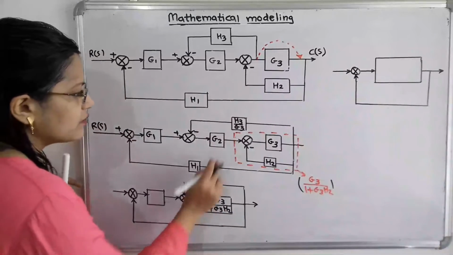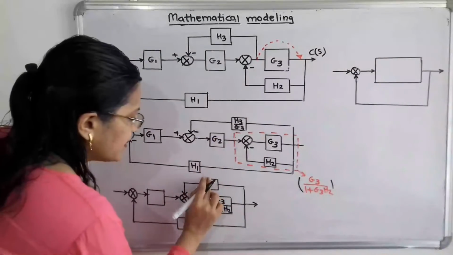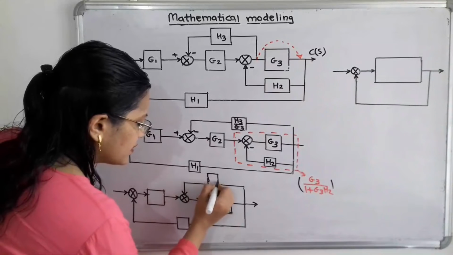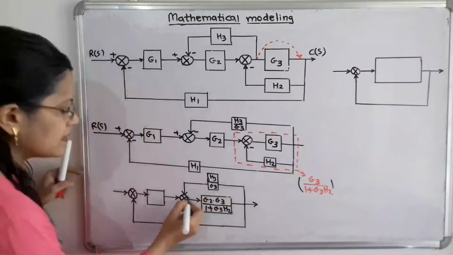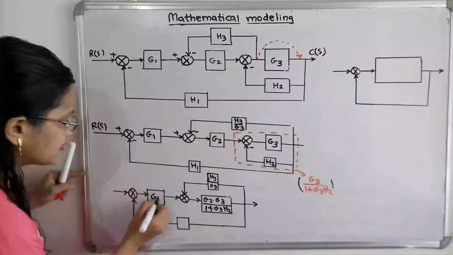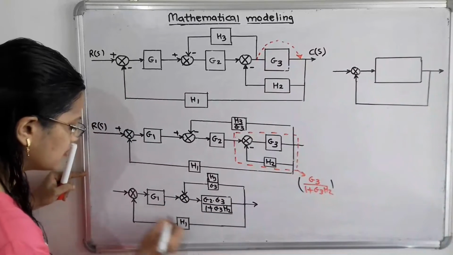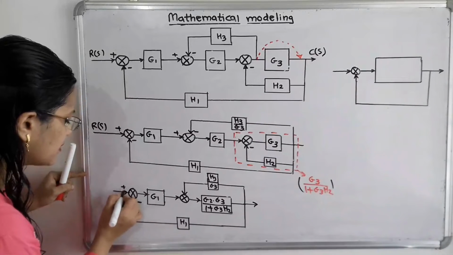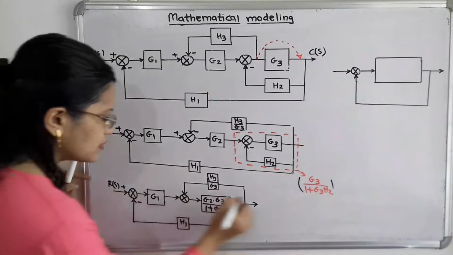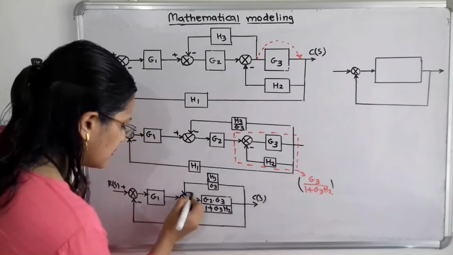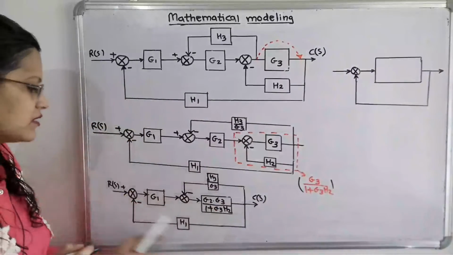Then here we have to write H3 by G3. Then G1 as it is, and here is H1. So we have to give here minus sign, here R of S, that is input, and here is C of S. So here is the block.